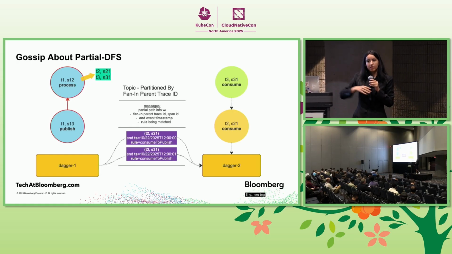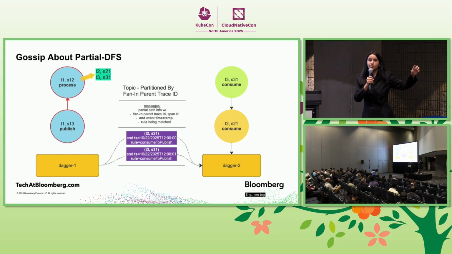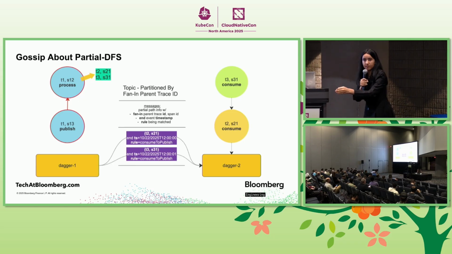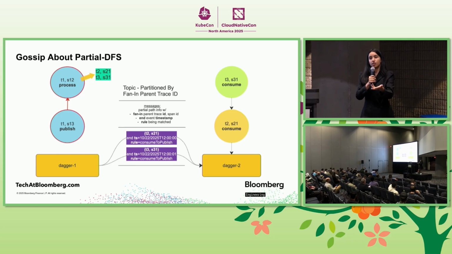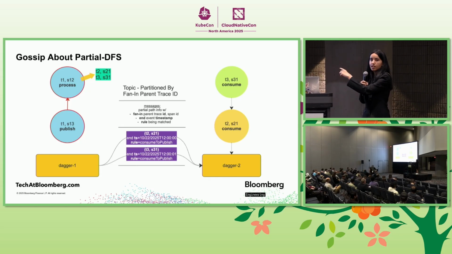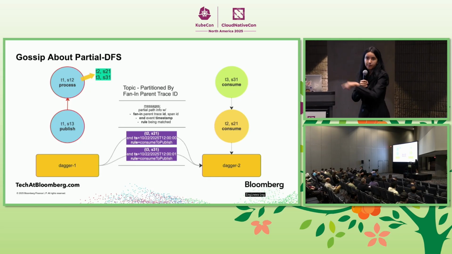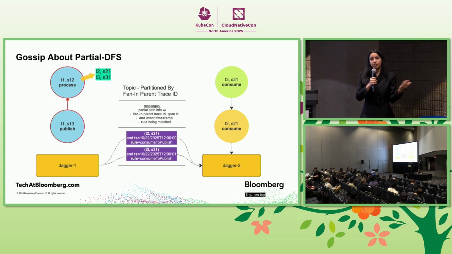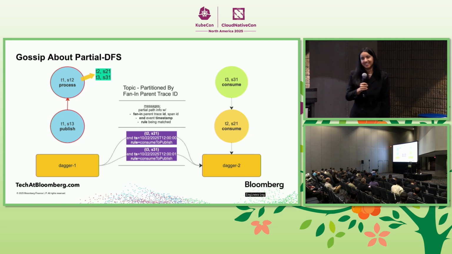So you really do need to be able to get these metrics across different spans. That's the part which span metrics often is not able to cover, especially when you're going across different trace IDs and fan-ins. But yes, I would have loved to just use it out of the box.